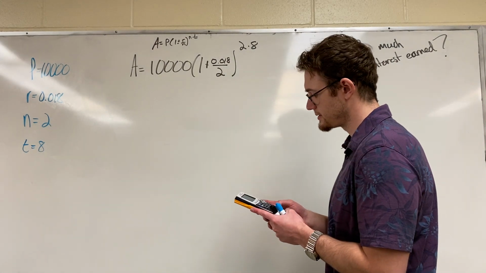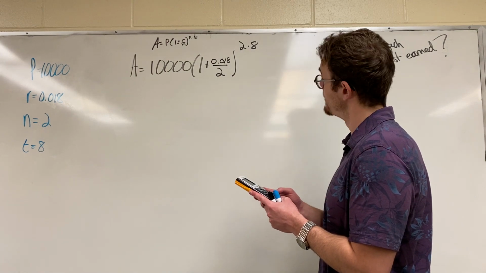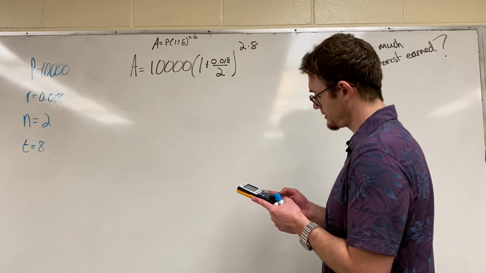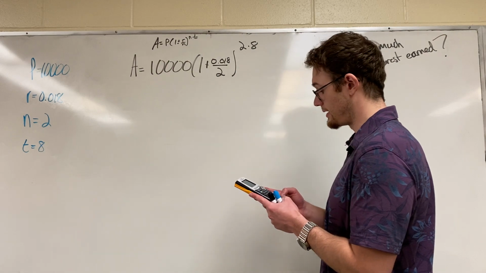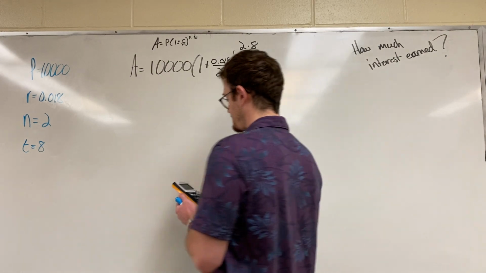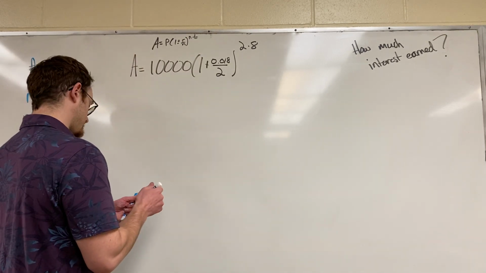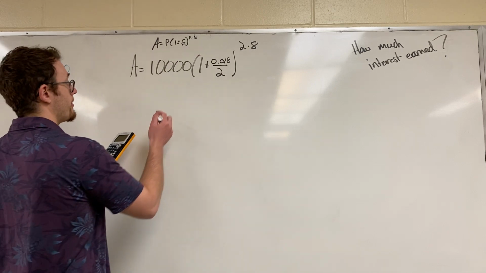So we have 10,000, 1 plus 0.018 divided by 2, up caret, and then I'm just gonna type in 16 because that's what 2 times 8 is. All right.